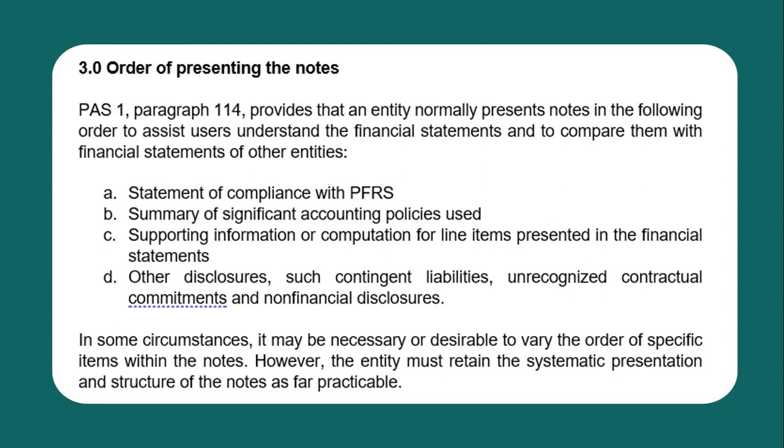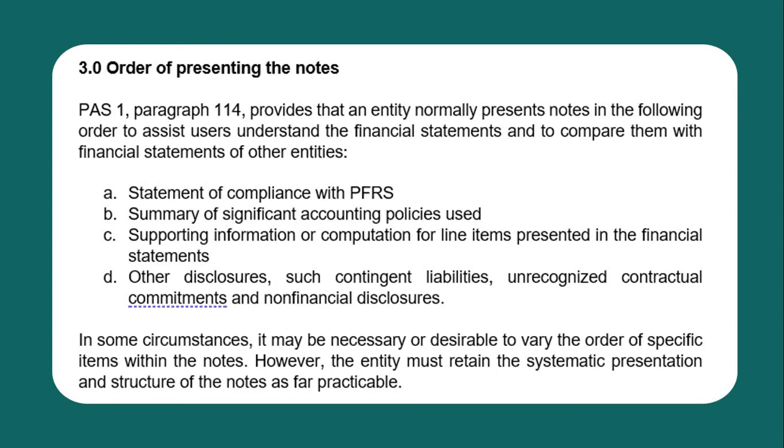So, mo na siya ang nasa first section. Letter B, summary of significant accounting policies used. So, kung sa itong mga accounting policies nga gi-implement niya sa pag-report sa mga items, kailangan niya na siya i-disclose. The letter C, supporting information or computation for line items presented in the financial statements.